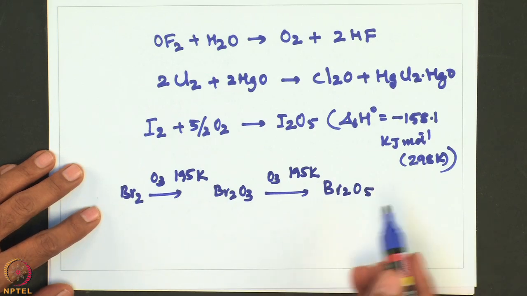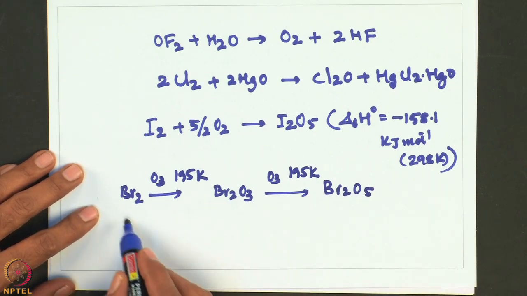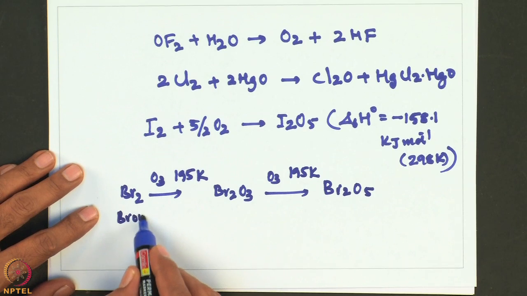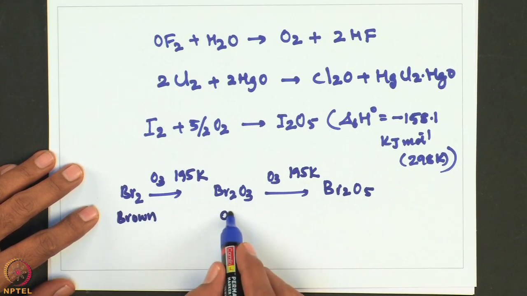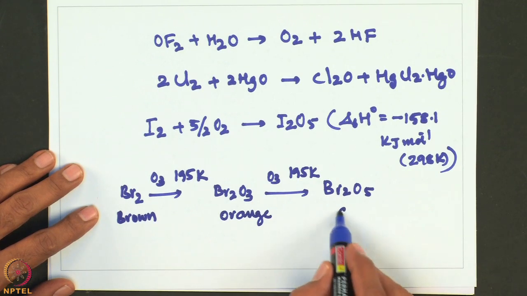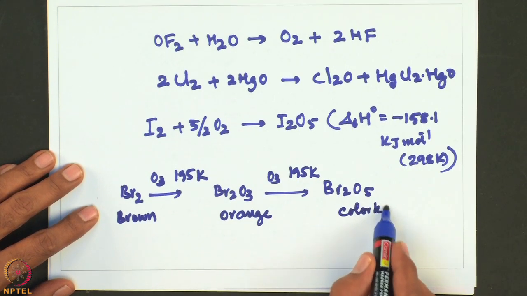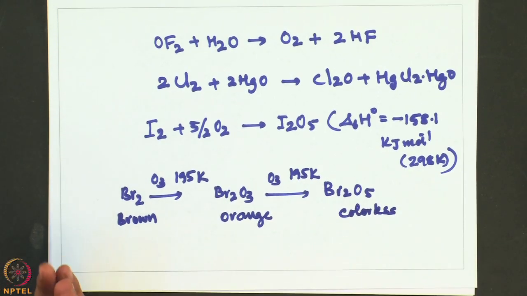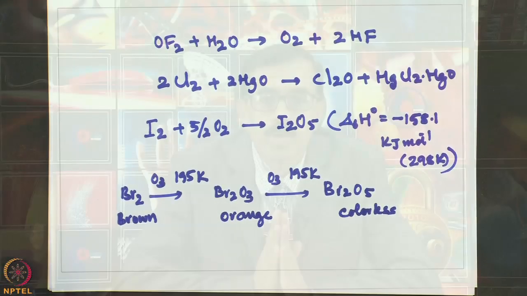Formation of this can be concluded visually by looking at the color. Initially it is brown and it changes to orange, and eventually when Br2O5 is formed, it is colorless. Bromine(V) centers are trigonal pyramidal, and in Br2O5 the BrO2 groups are eclipsed.